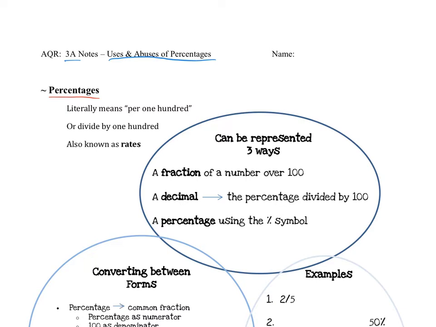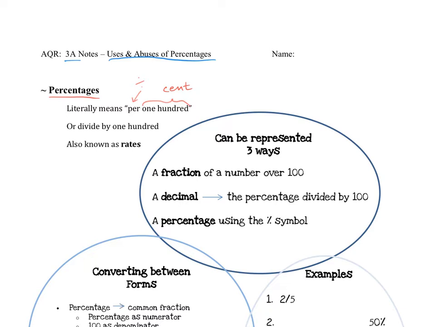As you can remember, per means divide, and 100, at least in the metric system, usually ends up using the prefix cent, like centimeters or centiliters. So per 100 makes a whole lot of sense here. No pun intended.